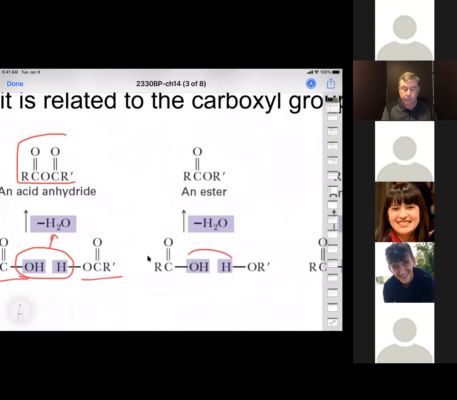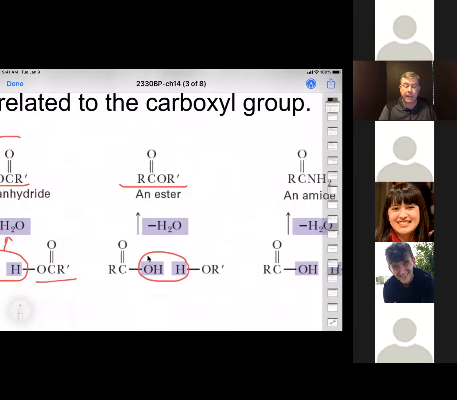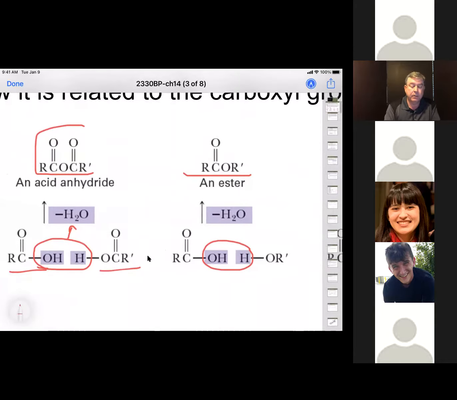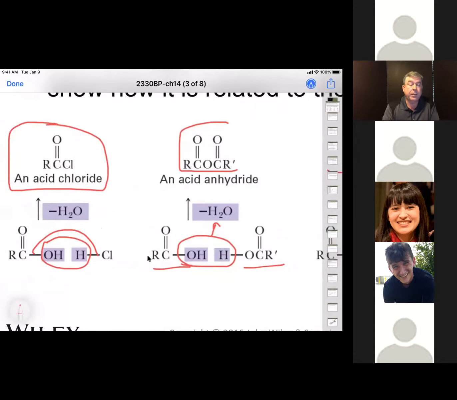And if we remove water from that system, we end up with that ester. And the last set is when we have an amide. We have a carbon-nitrogen bond here. Again, we're taking the hydrogen from the nitrogen and the OH from the carboxylic acid to generate this new functional group, the amide. So a carbonyl nitrogen is an amide, carbonyl oxygen carbon is an ester, carbonyl oxygen carbonyl is an anhydride, and carbonyl chloride is an acid chloride.